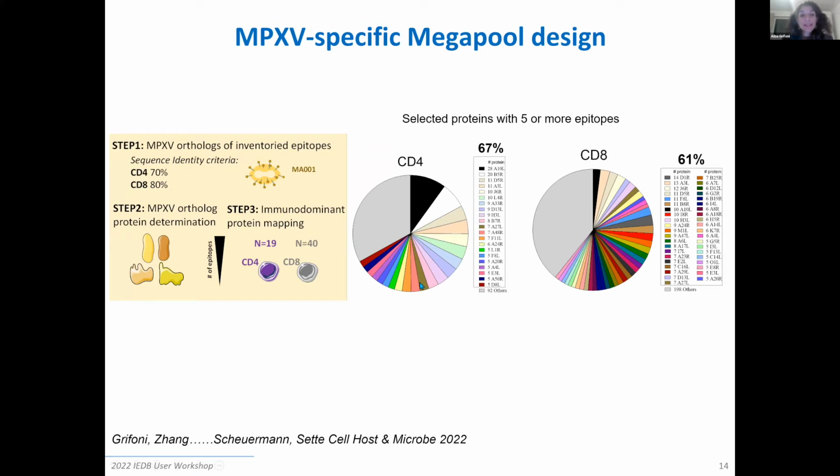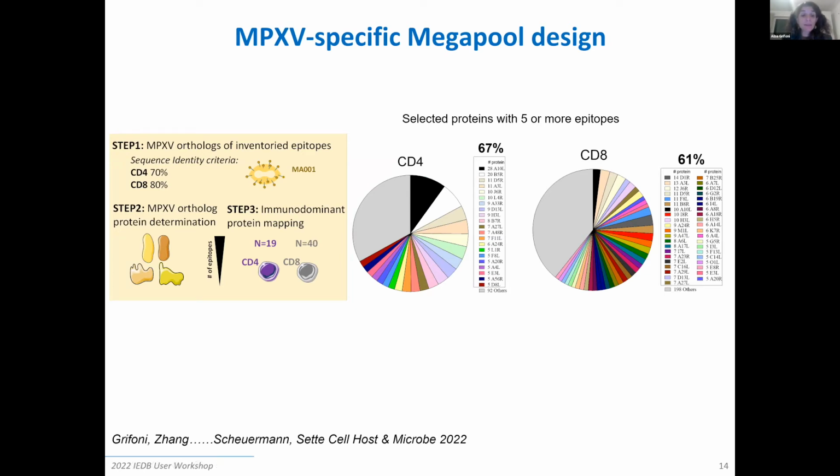And so we decided to select proteins that we consider to be immunodominant, using the cutoff that each protein has to contain 5 or more of these epitopes. And that represents 67% of the CD4 response and 61% for the CD8, for a total of 19 and 40 different proteins.